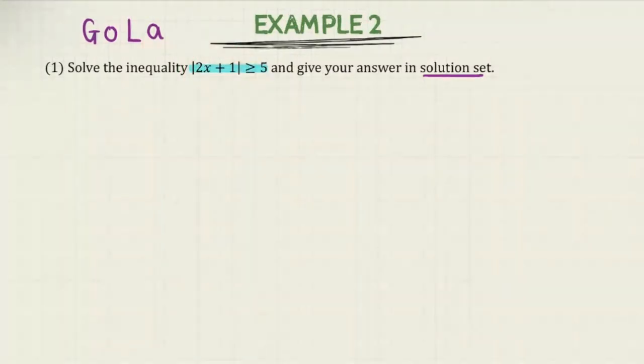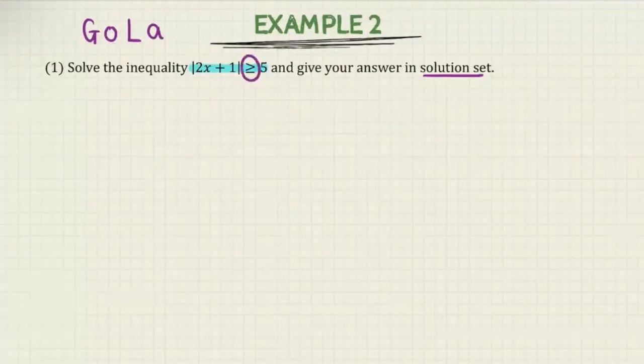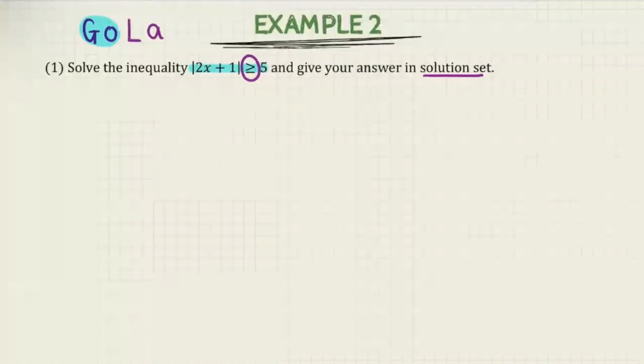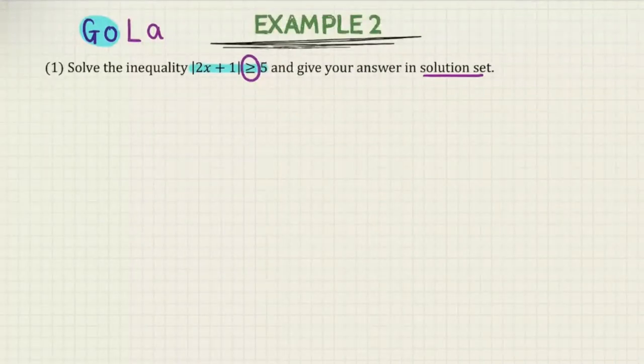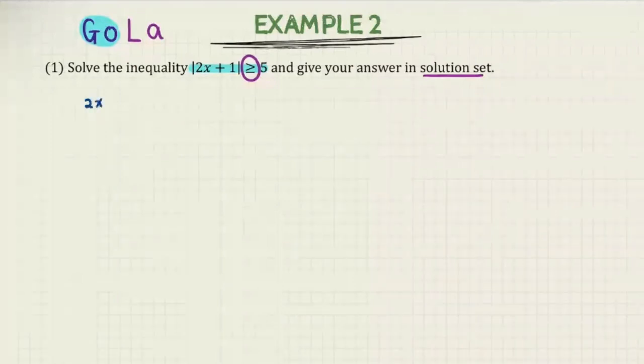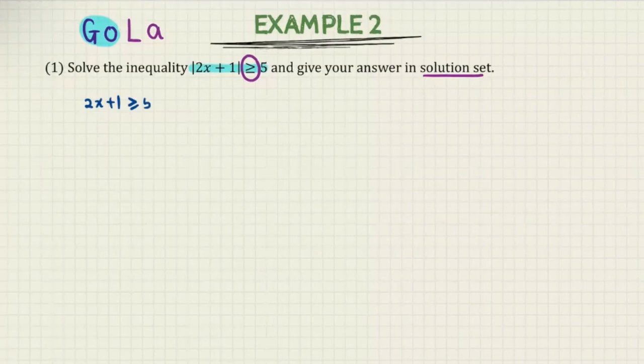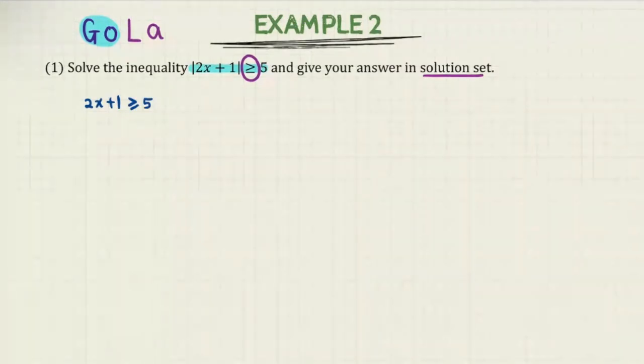So ini adalah simbol kepada greater than or equals to 5. So kita akan merujuk kepada gola. Gola tadi apa? Greater or. So kita akan separatekan our modulus into 2x plus 1 greater than or equals to 5. Okay, first salin balik sahaja and then use the word or.